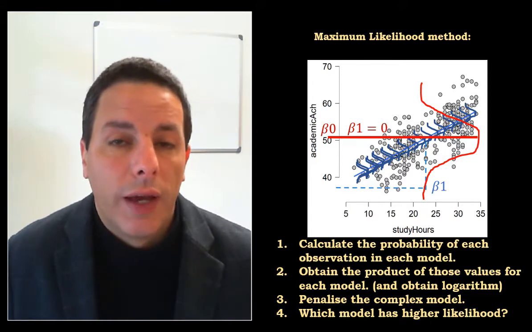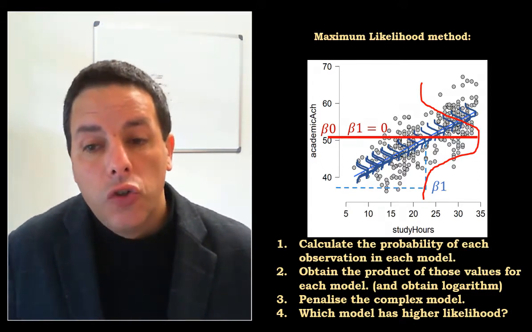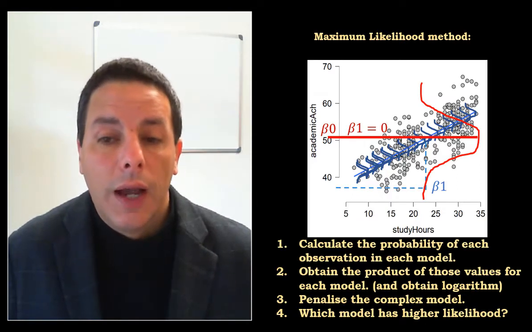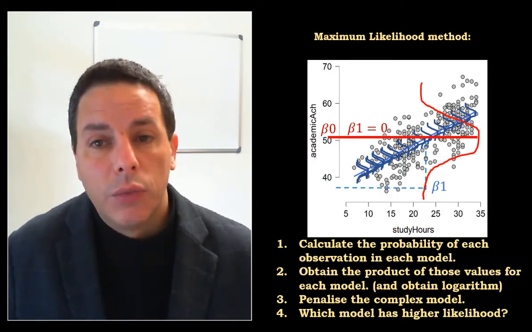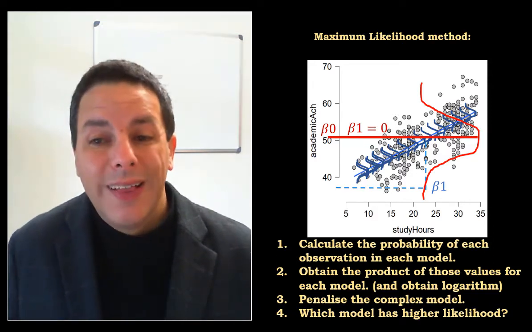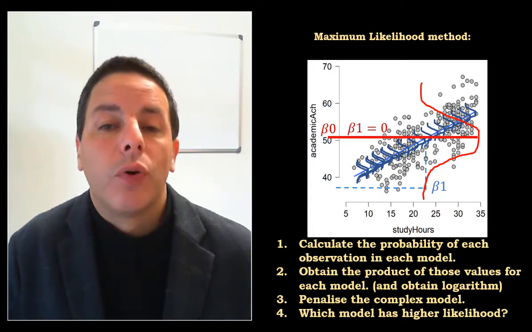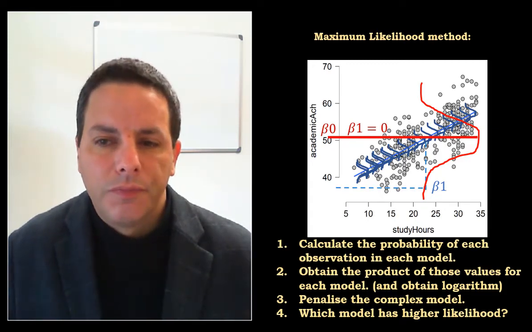The mean of those normal distributions changes for each X, and the mean will be beta 1 times X. So that allows us to have predictions that are more probable in each case.